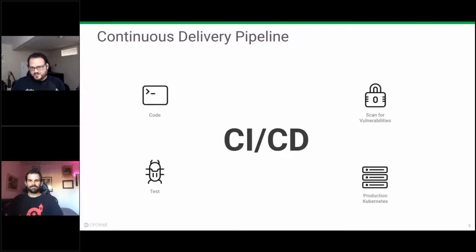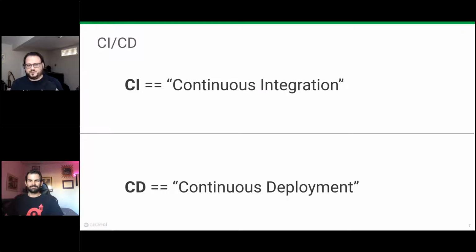So continuous delivery is, I would say in the hierarchy, a parent to continuous integration and continuous deployment. A lot of folks get this confused. The CD in CI/CD is continuous deployment.